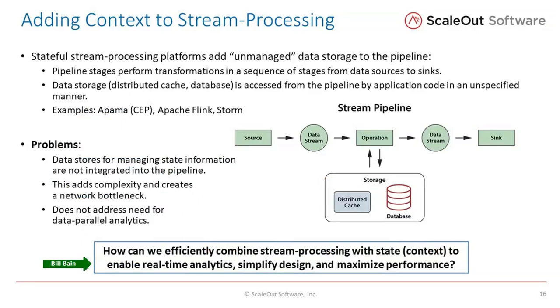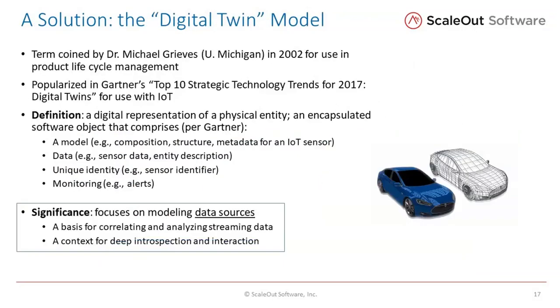So the answer, or an answer, I'm sure there'll be other answers down the road, is to leverage what's called the digital twin model. And when we first saw this model a few years ago, we recognized that it came from a different environment. In particular, it's a field called product lifecycle management, which many of you listening here might actually be in that field and not in stream processing, and that's something that we like to learn.